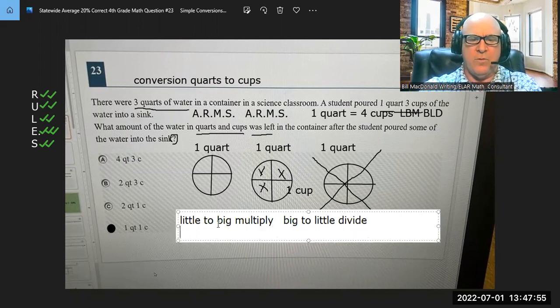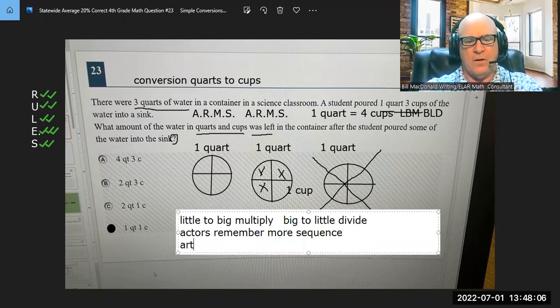Okay. The other thing was either actors, remember more sequence, or artists, remember more sequence.